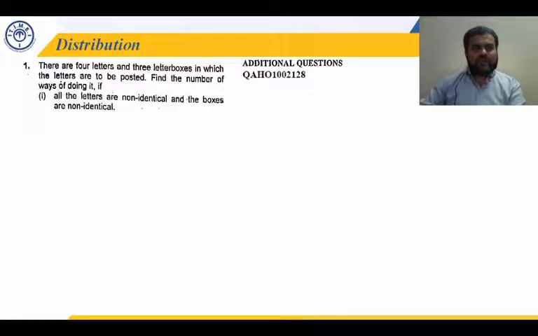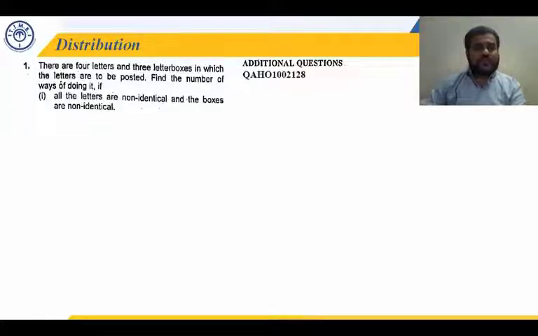Let's look at additional question from handout number 2128. Additional question 1, first part. There are 4 letters and 3 letter boxes in which the letters are to be posted. Find the number of ways of doing it if all the letters are non-identical and the boxes are non-identical. When you say non-identical, it means they are distinct or different.